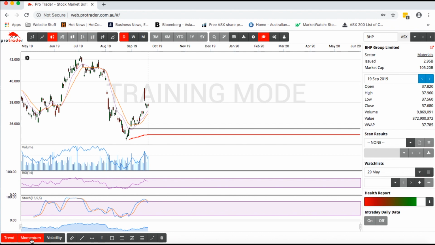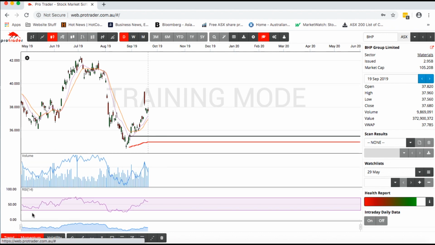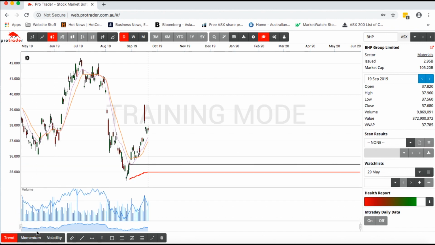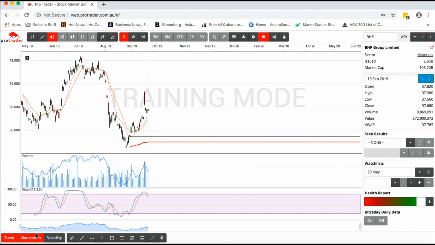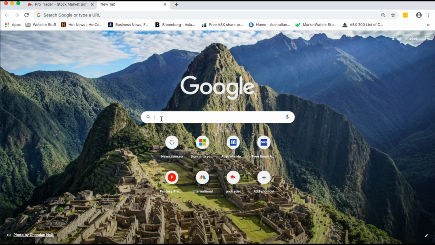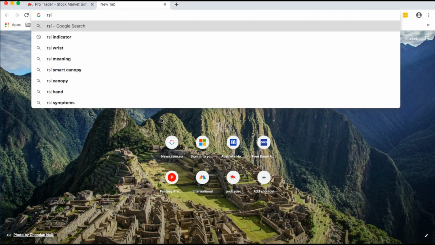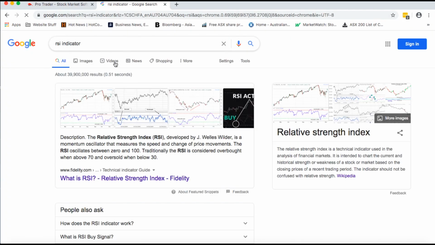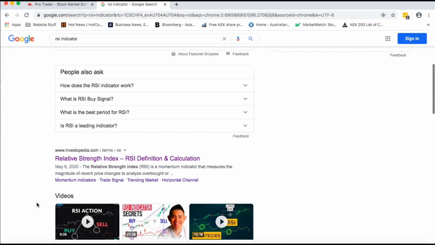If you ever want to turn a technical analysis function on, one of these boxes will be red. You simply click it. If you don't want it, you unclick it and it turns it off. Now, if you ever want to find out what any of these mean, just go to Uncle Google. This is where I would always go, and just put in the indicator that has come up that you're inquiring about. Wikipedia has a lot of them, but the one that I would encourage the most is Investopedia.